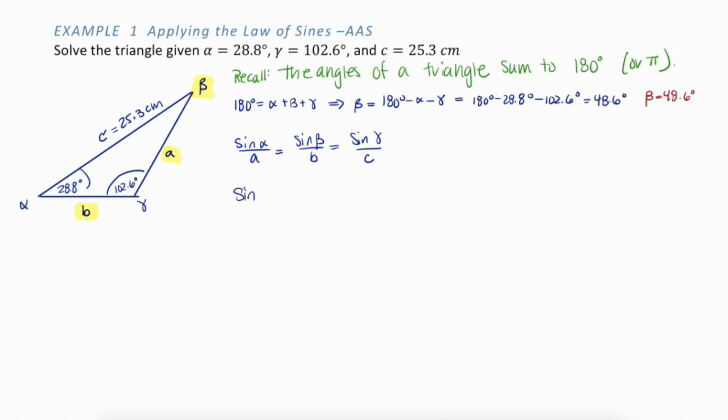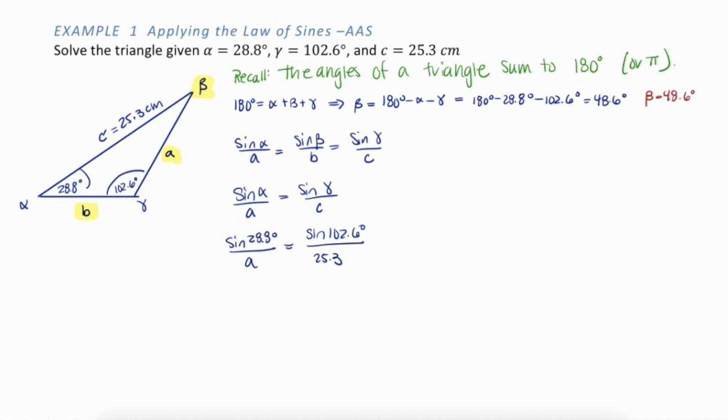So sine of alpha over A equals sine of gamma over C. So sine of 28.8 degrees over A equals sine of 102.6 degrees over 25.3.